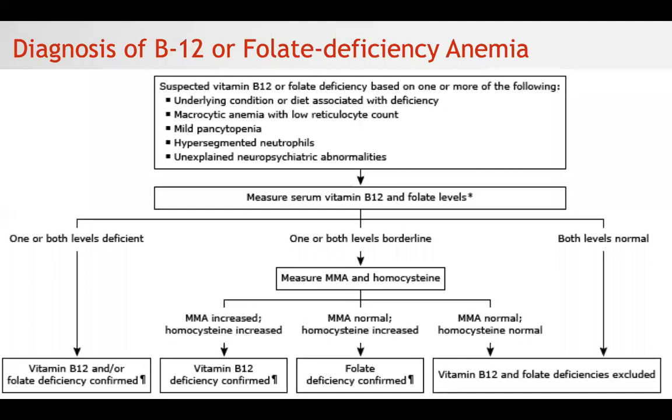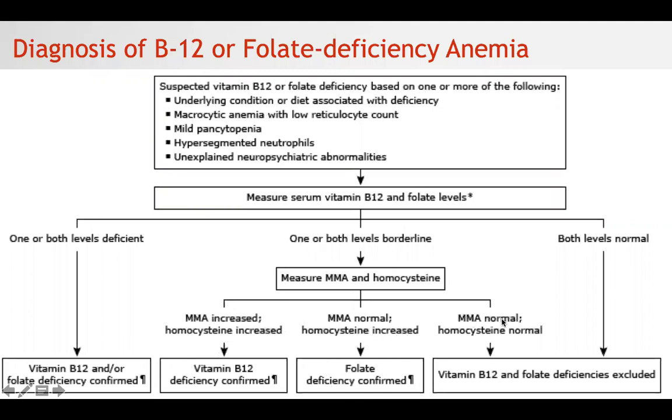So we'd measure their B12 and folate levels. If one or both levels are borderline, then we would measure the methylmalonic acid and homocysteine. If the methylmalonic acid is increased and the homocysteine is increased, that means they have vitamin B12 deficiency. If the methylmalonic acid is normal and the homocysteine is increased, that means they have folic acid deficiency.